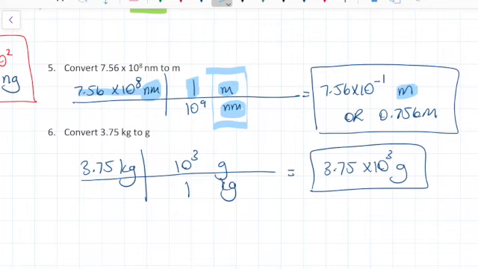Nano means billionth, so instead of writing billionth, I knew that it takes a billion billionths to make 1, so I put 10 to the 9 down here. And then all I had to do was divide, 10 to the 8th divided by 10 to the 9th. I know when I divide with exponents, I subtract them, so 8 minus 9 was negative 1. And my answer was 7.56 times 10 to the negative 1.